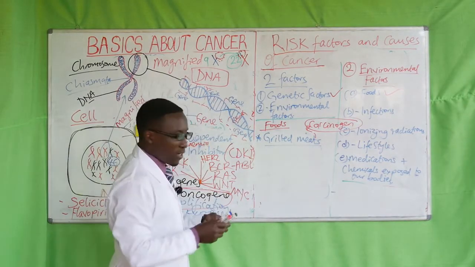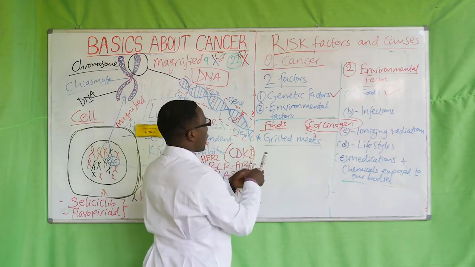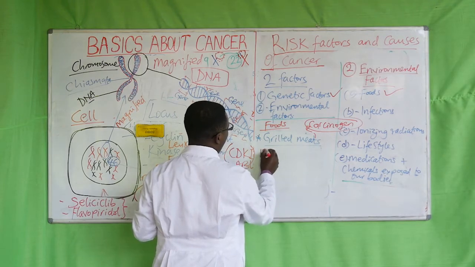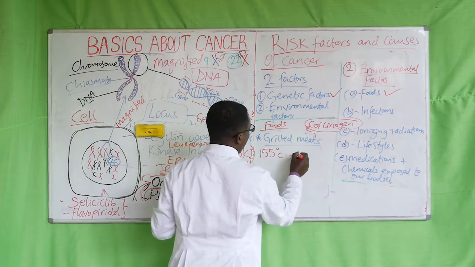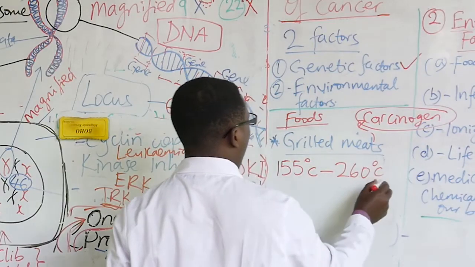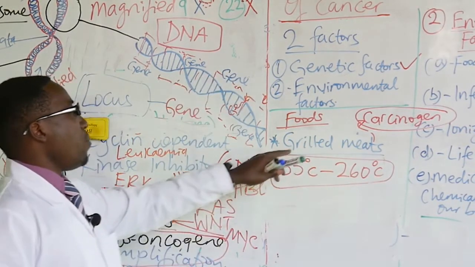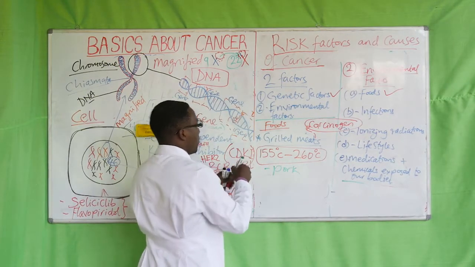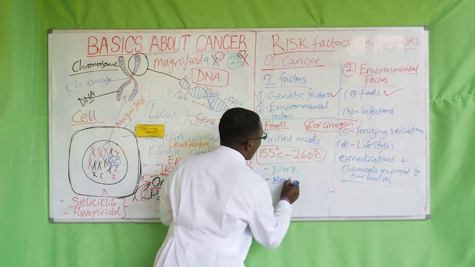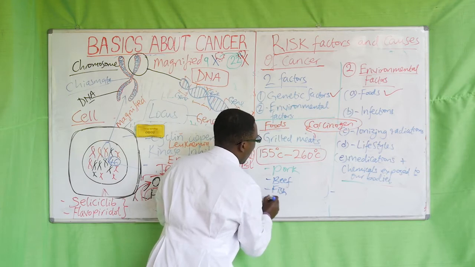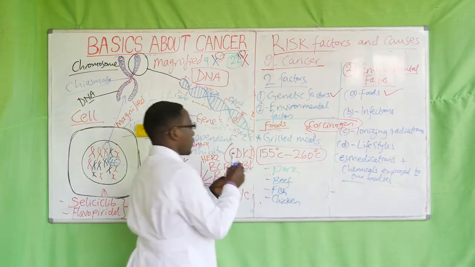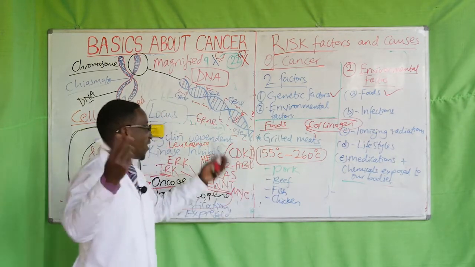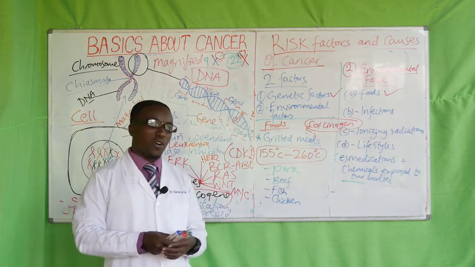Now let me show you something that happens. When we grill our meats and the temperature reaches from 155 degrees Celsius to about 260 degrees Celsius, the meats being grilled, it can be beef, pork, fish, chicken, all the other meats that we know, to mention but a few.